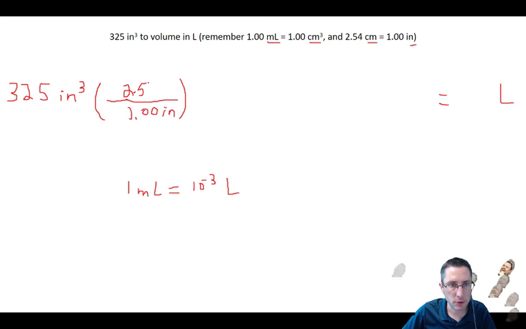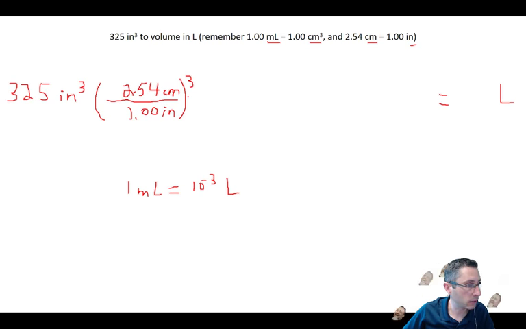So I'm going to use this unit factor I have that includes inches, 2.54 centimeters in 1 inch. That's only going to get rid of one of my 3 necessary inches. And I'm just going to write cubed around this unit factor, which signifies that I'm doing it 3 times.